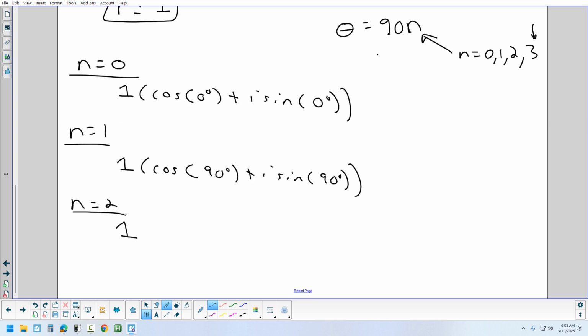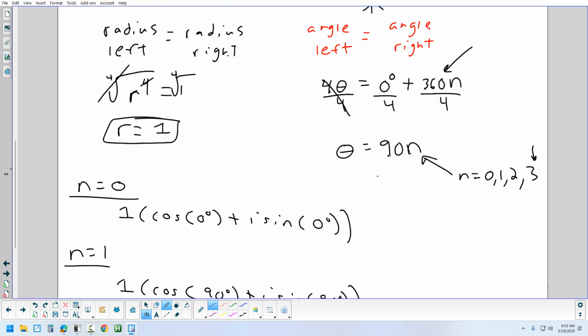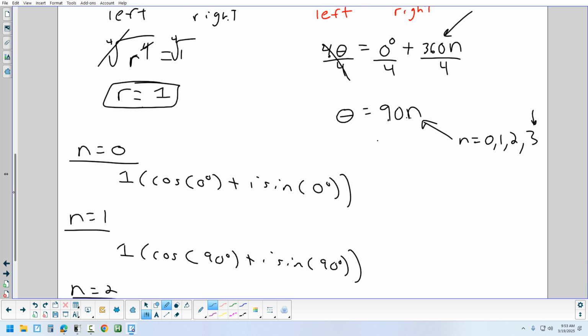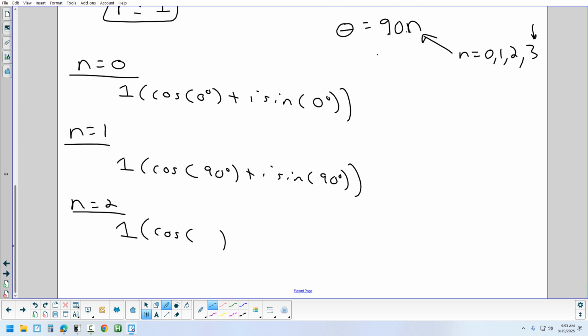Third answer. Radius stays the same. This time the angle. What's 90 times 2? 180. And last answer. Radius stays the same again.